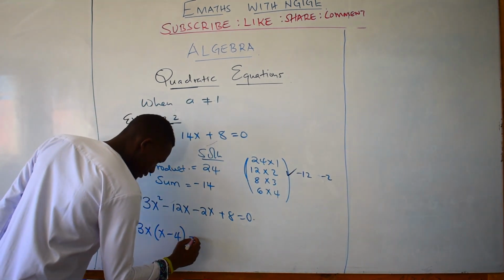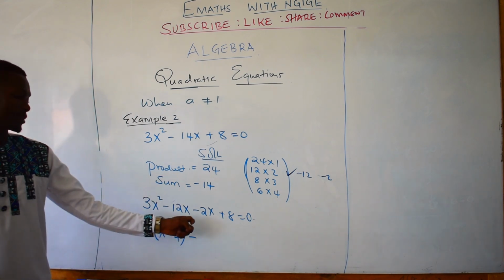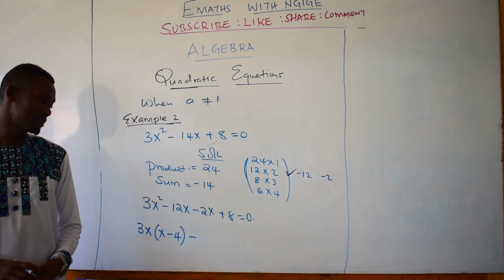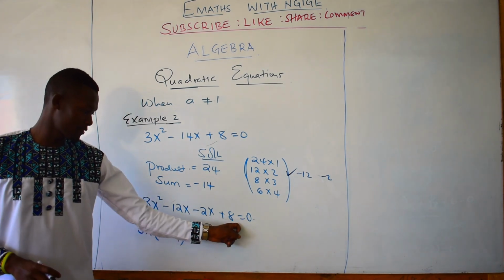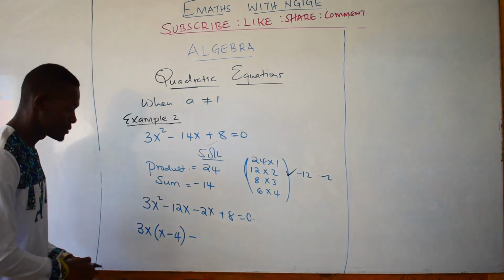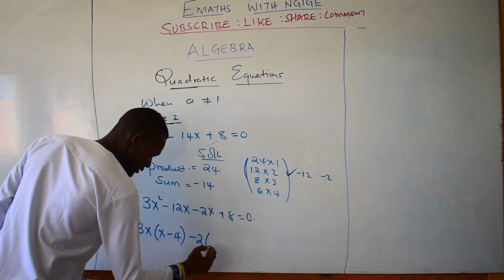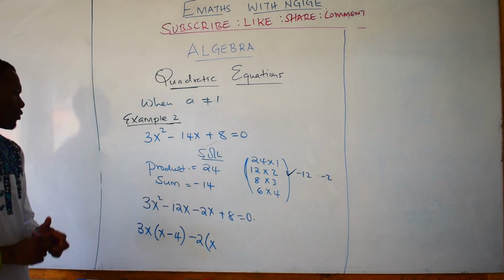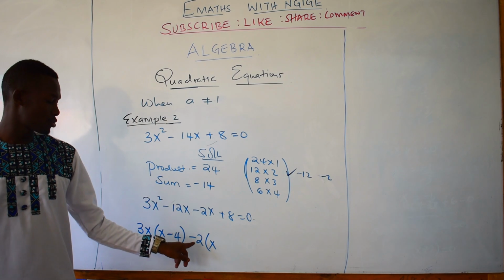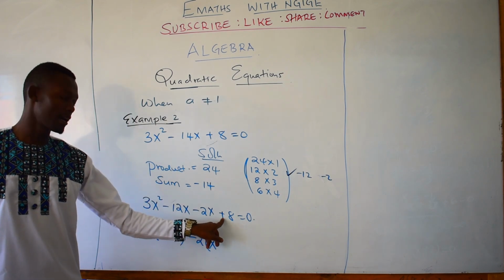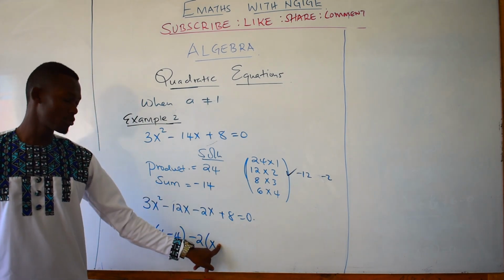Now, the drill comes here. What is common between these two? We have 2 and we have 2, we don't have an x here, so we have 2 being common. Then remaining x. Now, for us to get a positive here when you open up this bracket, what do you need to have here?